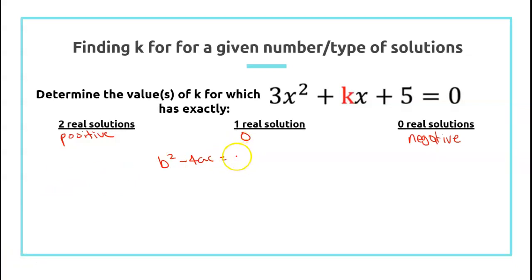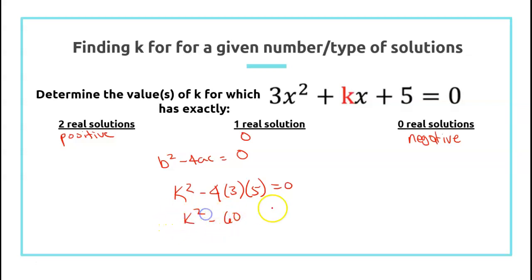And I'm going to examine our one real solution first. I'm going to look at when our discriminant is equal to 0, and you'll see why here in a second. So I'm going to plug in my discriminant, my k squared minus 4 times 3 times 5 is equal to 0. Negative 4 times 3 is negative 12, times 5 is negative 60.